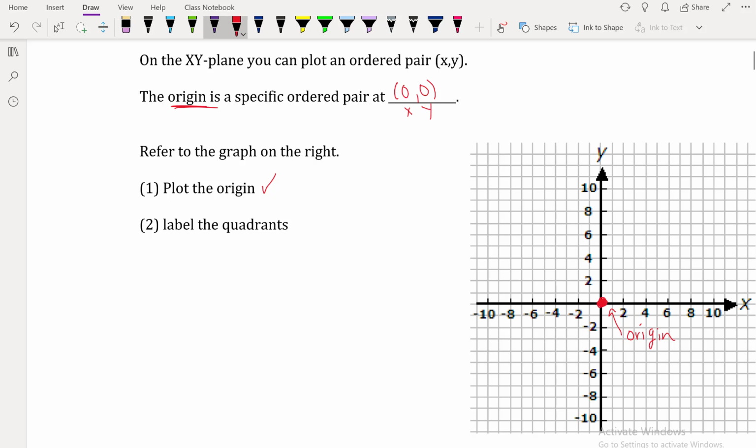Now for number 2, it says label the quadrants. You think of quads as 4. So there are going to be 4 quadrants. So this is quadrant 1, quadrant 2, quadrant 3, and quadrant 4.